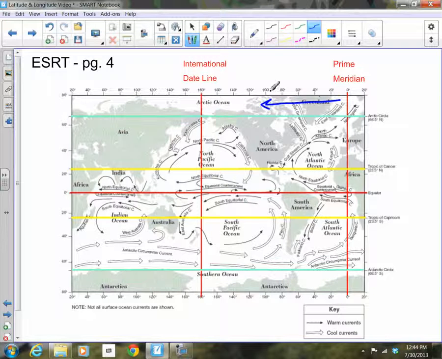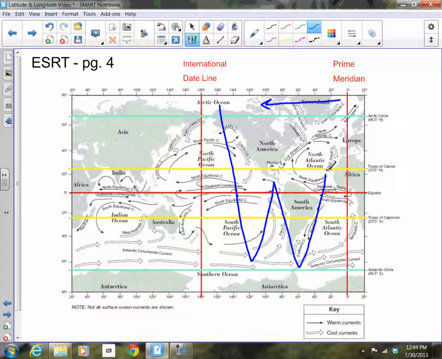If you travel west and the numbers get larger, that tells us we're in the western hemisphere. So put a big W on your reference table in between the prime meridian and the international dateline. Everything between 0 degrees and 180 degrees in this area of the map is the western hemisphere, which means that everything else on the map is the eastern hemisphere.